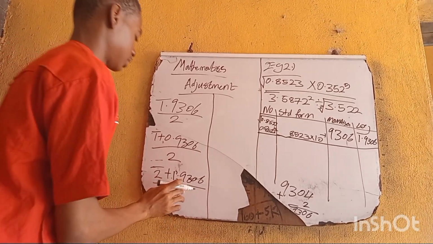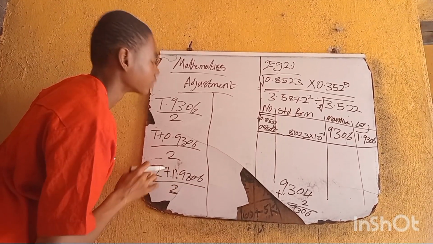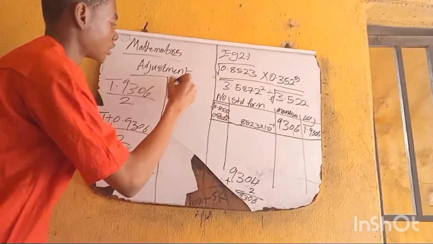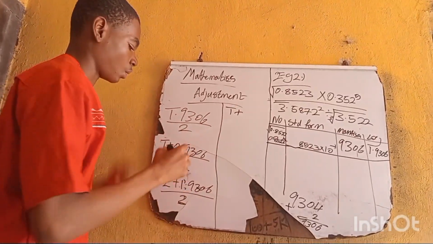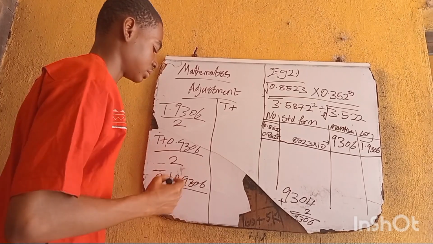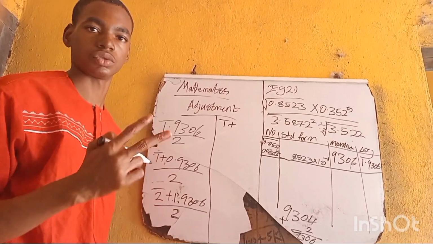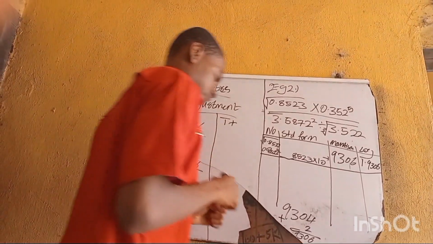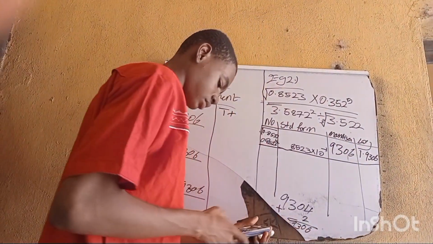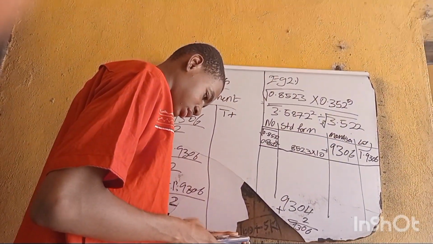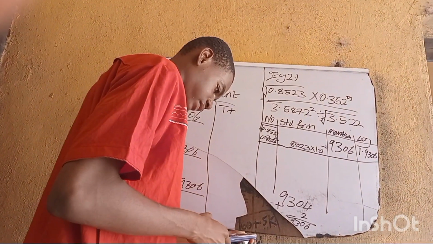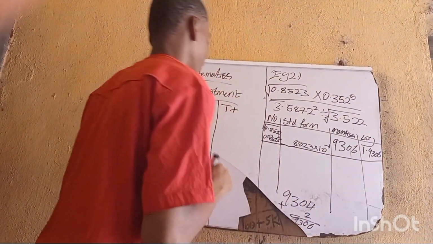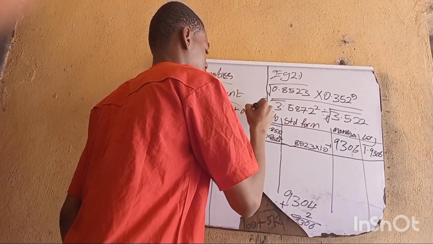First adjustment. Now bar 2 divided by 2 is bar 1, plus 1.9306 divided by 2. Use your calculator. 1.9306 divided by 2 equals 0.9653.